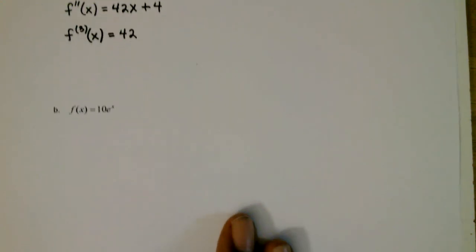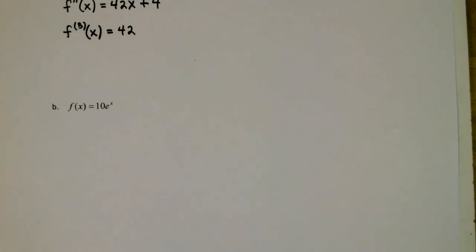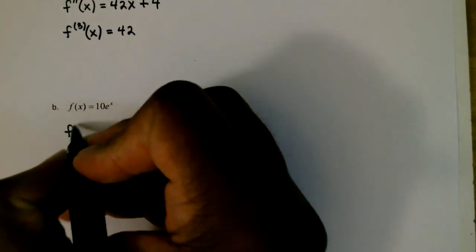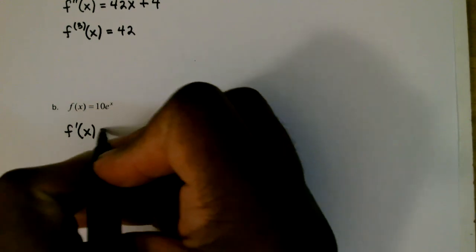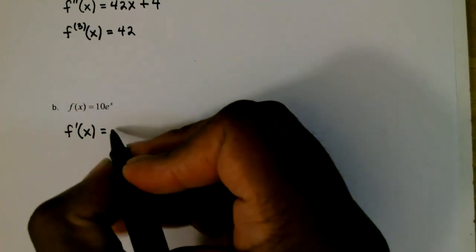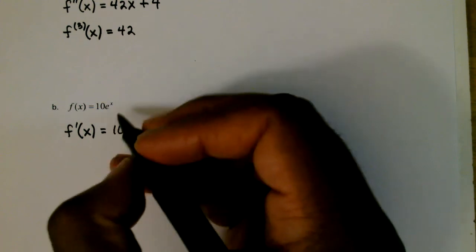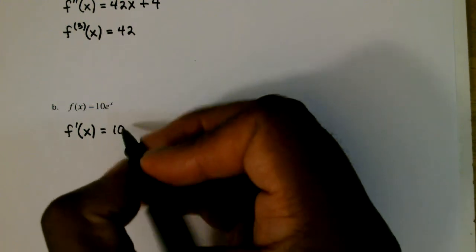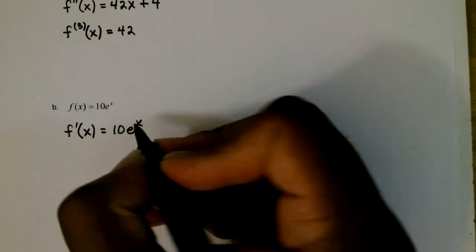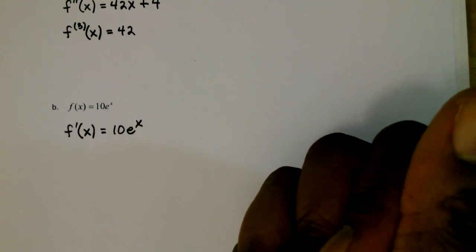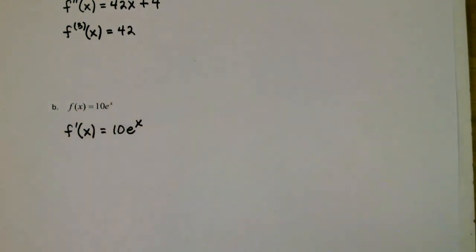And now part B. F of x equals 10e to the x. And I want the first, second, and third derivative of that function. Well, bring the constant over, which is your 10. The derivative of e to the x is e to the x. So f prime of x will be 10e to the x.